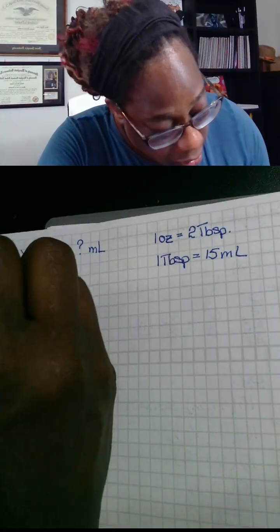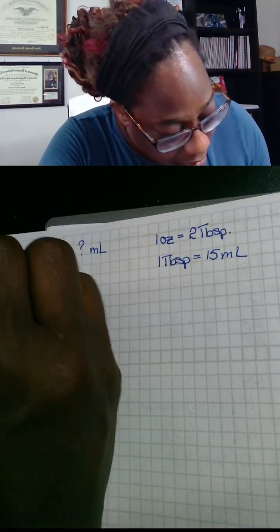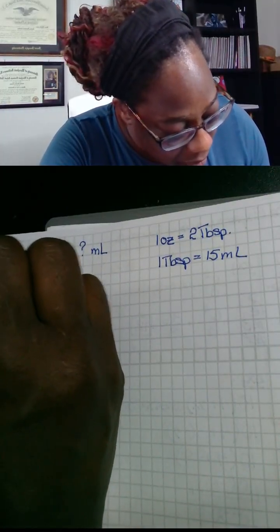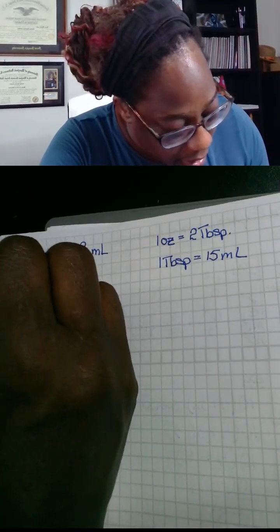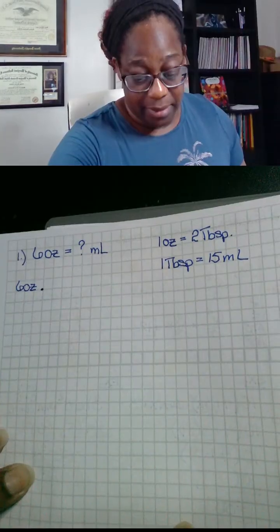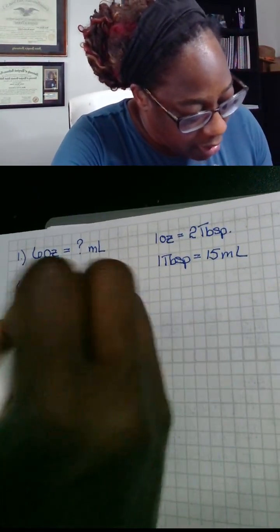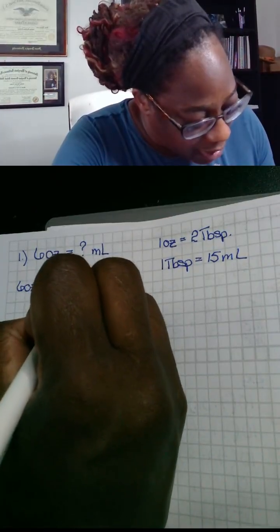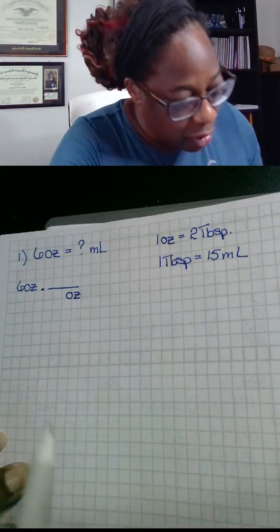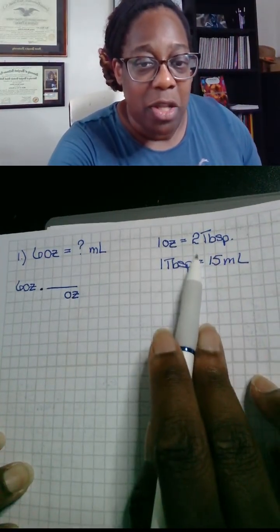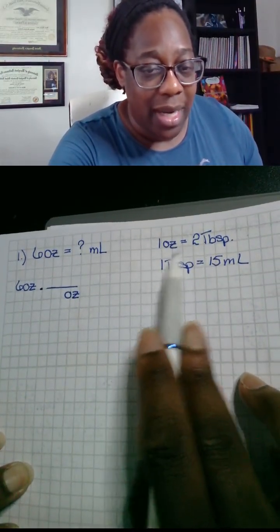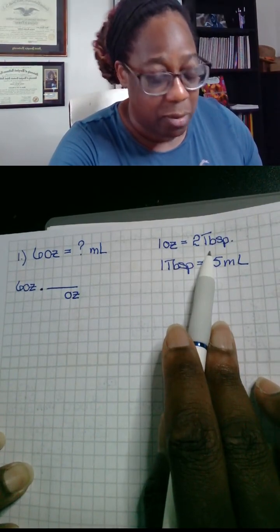So we're starting out with 6 ounces. I'm not using crosses, I'm using dots. We want to get that ounce canceled out, so we use what we know: 1 ounce equals 2 tablespoons.